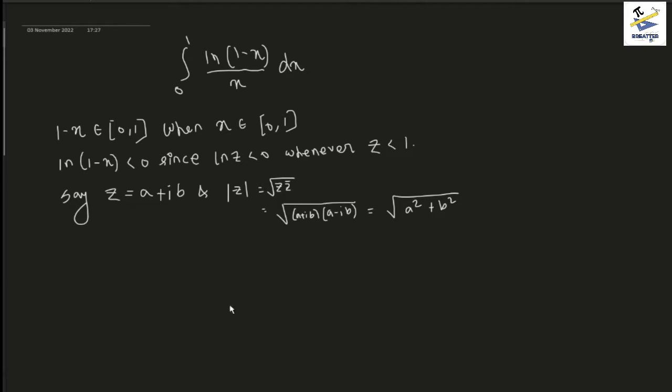And now when you are trying to find the logarithm of a complex number, which is basically logarithm of z, things may not be as simple as they were before, because the logarithm of a complex number is itself a complex number.